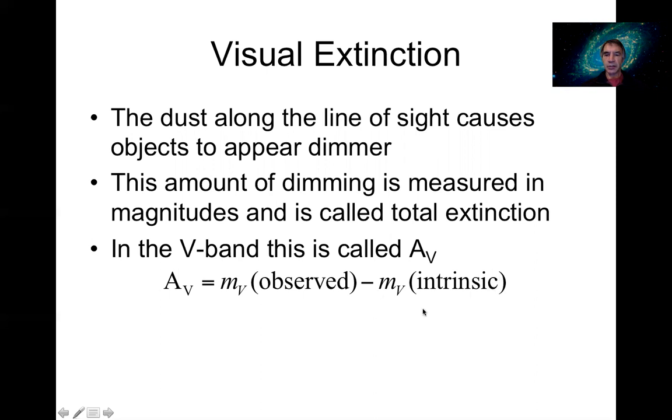So this is the true apparent magnitude the star should have if we had a clear view of it, but this is the actual apparent magnitude we observe. And of course, this will always be a positive quantity because the dust is going to make the object appear fainter. And remember that if the object is fainter, then its magnitude number will go up. So the observed apparent magnitude will be greater than the intrinsic, and therefore this is a positive quantity.